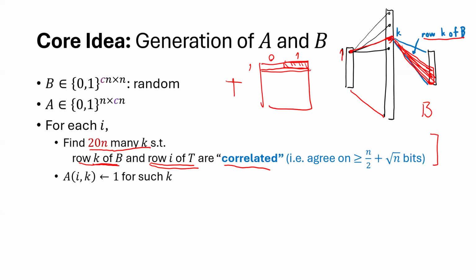But now I ask it to deviate from n over 2 by just root n. If the expectation of n random bits is n over 2, what's the probability that you get a deviation of root n? It still happens with constant probability.